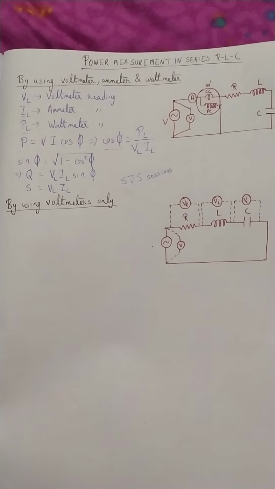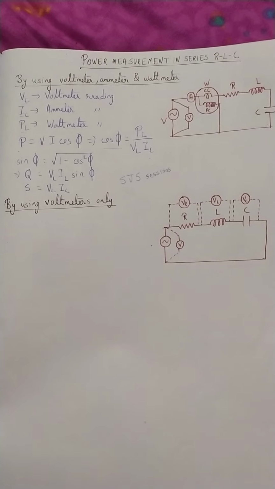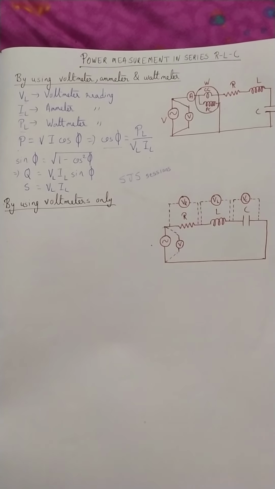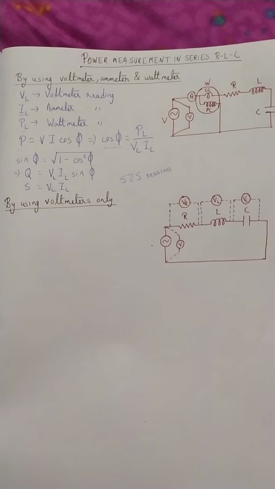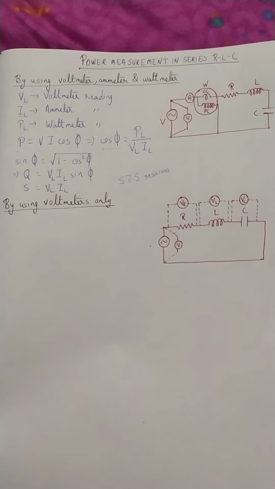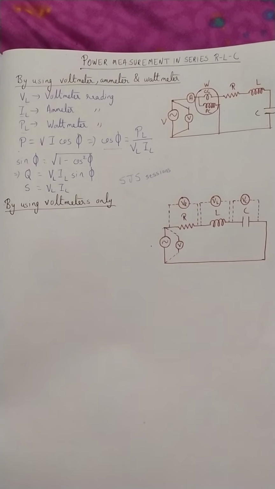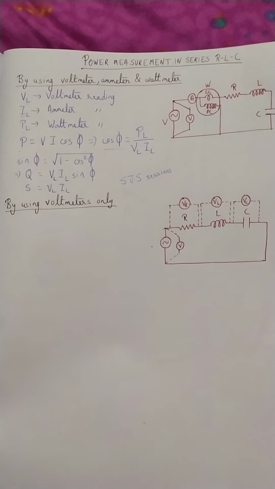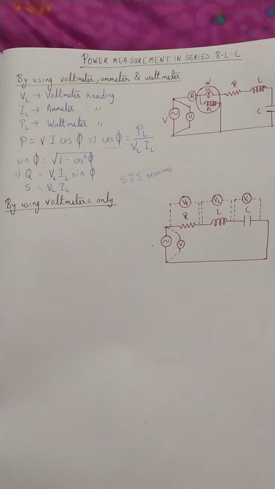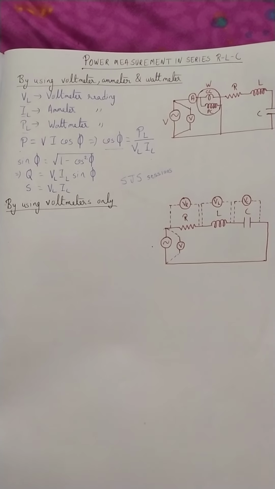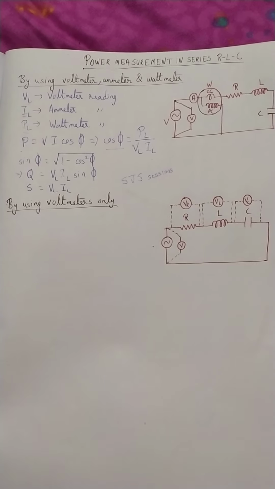Generally you should know that a wattmeter is a costly piece of equipment compared to an ammeter and voltmeter. If I have only voltmeters, we can still find out the power measurement. Theoretically it is possible. Practically some error may creep in, but we may get pretty reasonably good results.